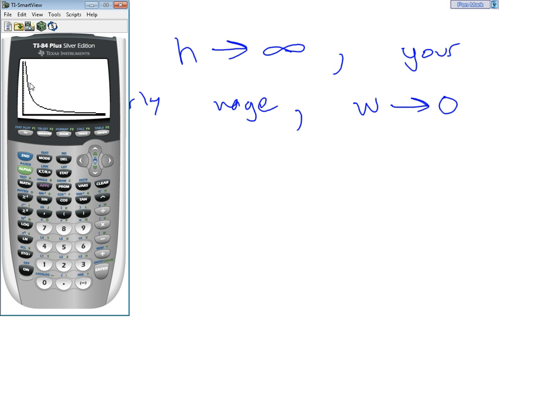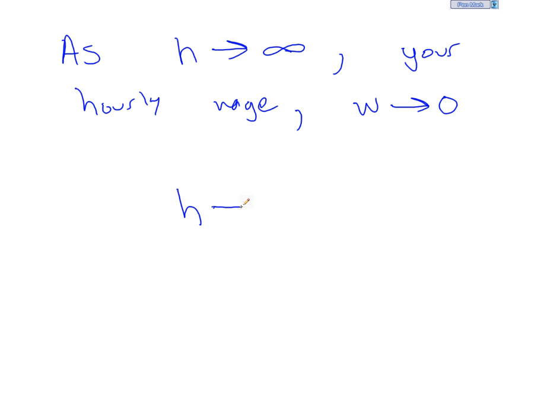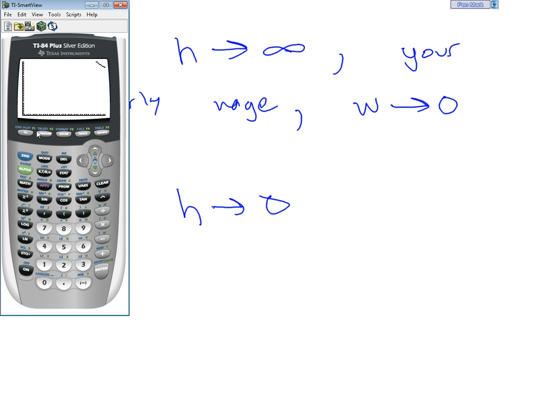Well, wait a minute, what's happening over here? On the flip side, I'm going to set this back to maybe 40, just so I can study what's happening more towards this side. What happens as my hours approach 0? As your number of hours per week approaches 0, something has to happen.